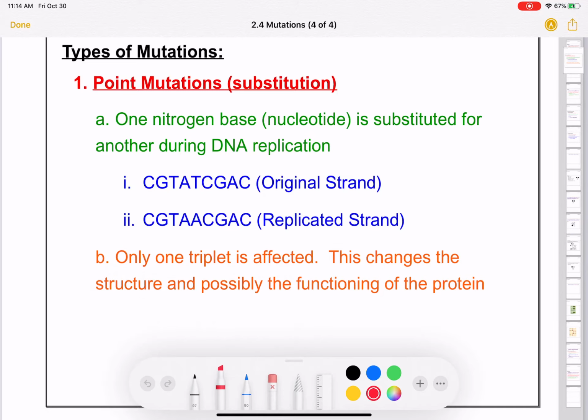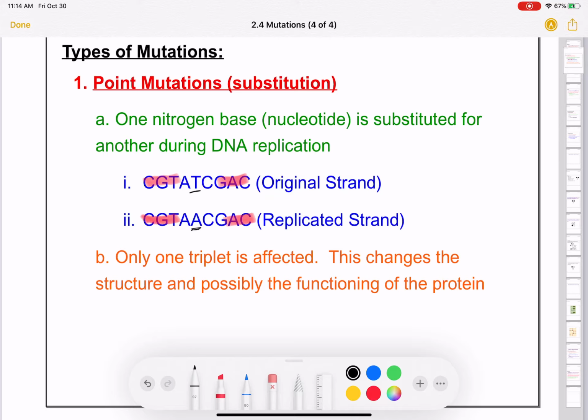So I'm going to separate these into 3. That one's good, this one's already not good, and this one's good. Our mutation that's happening right here is where our original DNA had a T, they put an A there. So this might not cause any trouble, but it could cause a lot of trouble.